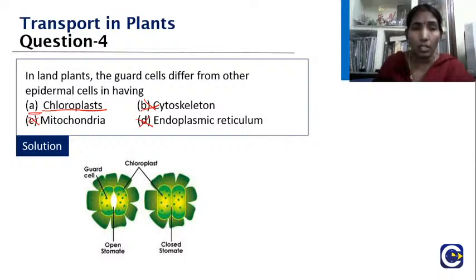Those green ones here are the chloroplasts. So the guard cells are quite different from any other cells of the epidermis by the presence of chloroplast, which is very important for regulating the opening and closing of the stomata. So that is where they are different.